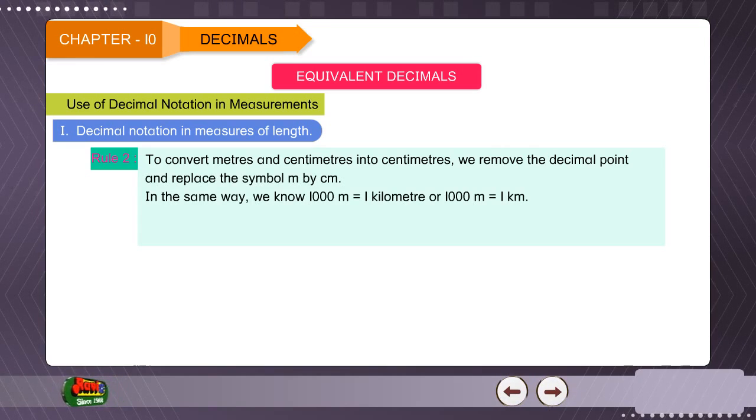In the same way, we know 1000 meters is equal to 1 kilometer.